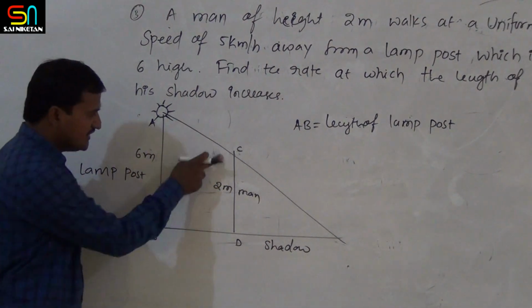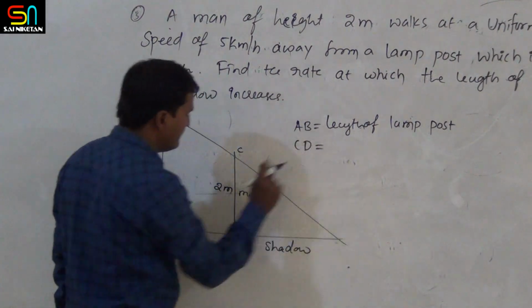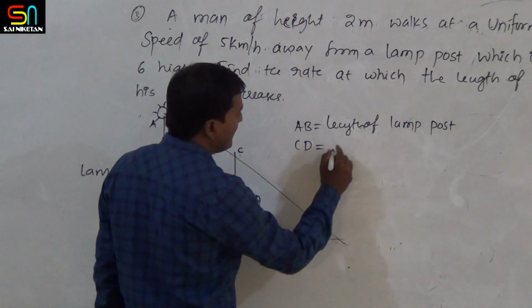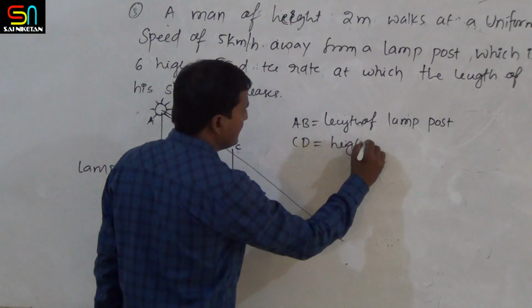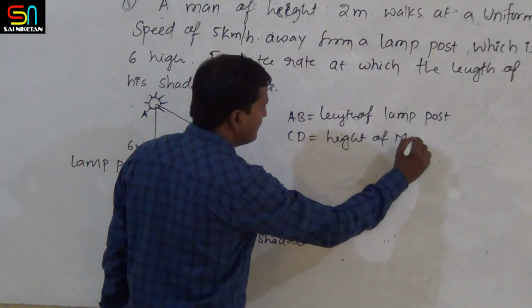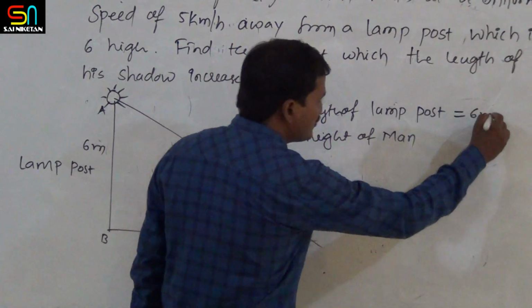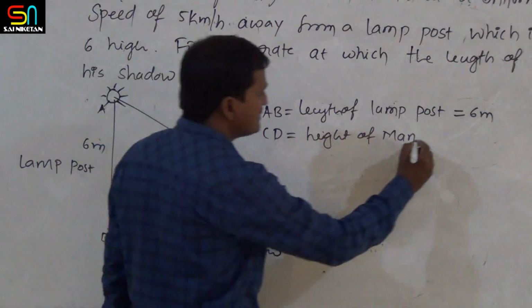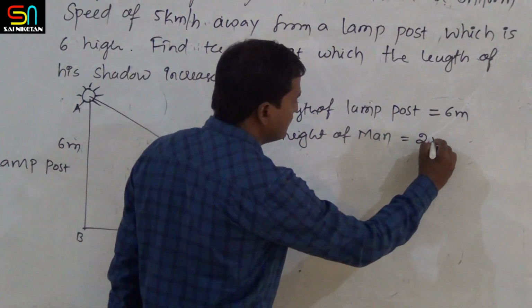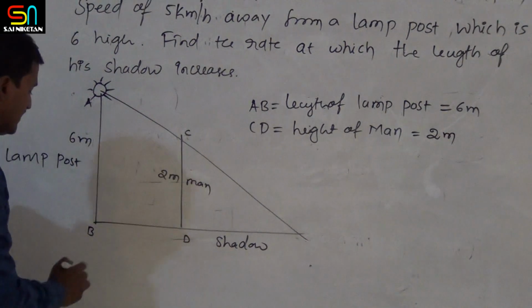And what about CD? This is the height of the man. So AB is equal to 6 meter, and the height of the man, CD, is equal to 2 meter.